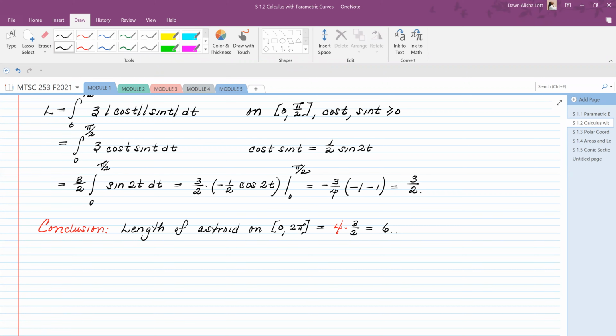Okay, so let's find the area underneath that one little piece. So let's go back and find the area enclosed by the asteroid.